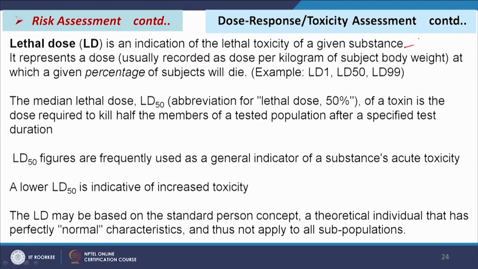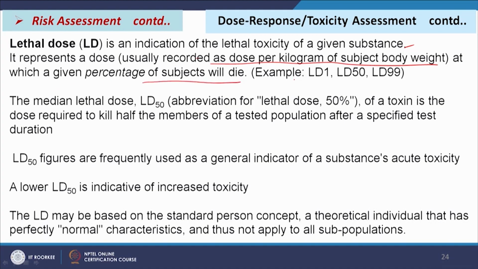Now, another is the lethal dose. When we want to quantify the dose response with acute impact, at that time we get the lethal dose. So, lethal dose is an indication of the lethal toxicity of a given substance, and it represents a dose, usually recorded as dose per kilogram of subject body weight, at which a given percentage of subjects will die.